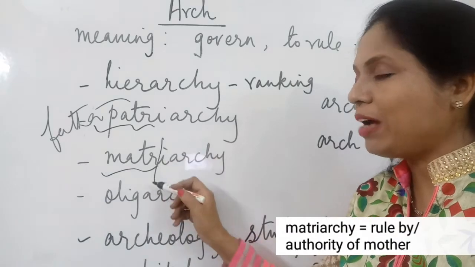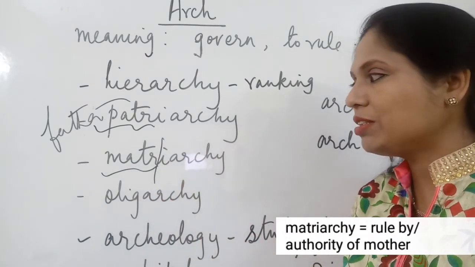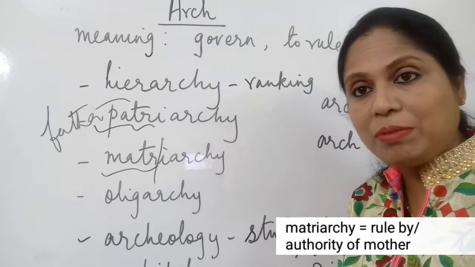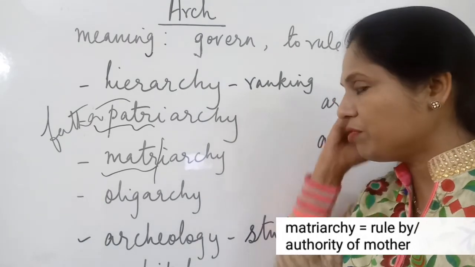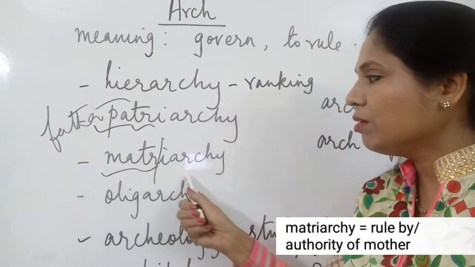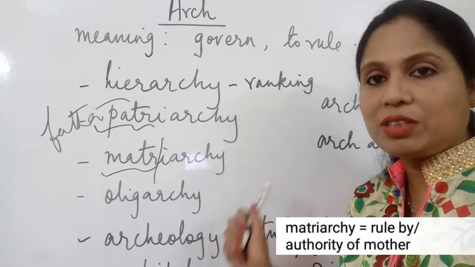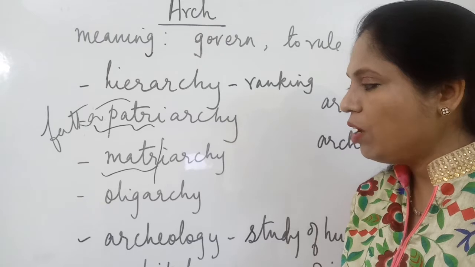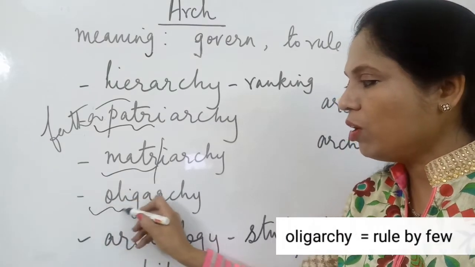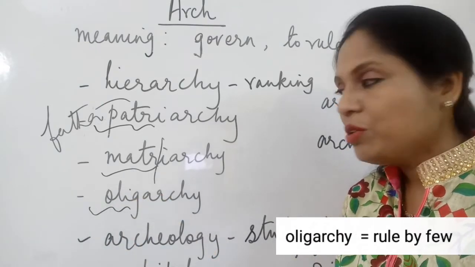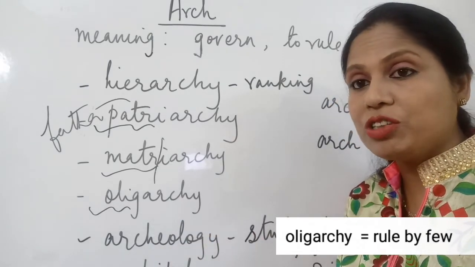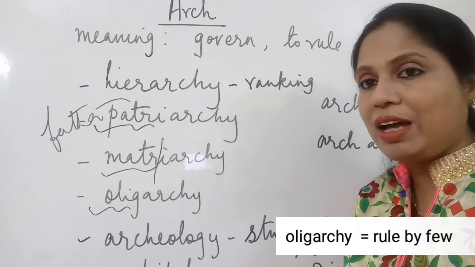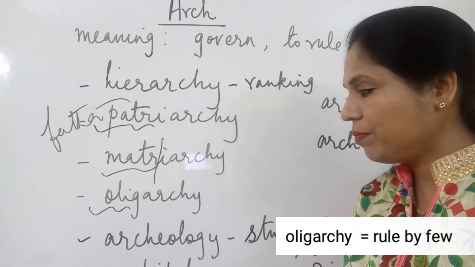Matriarchy, the root word matra means mother. So in the same way, when mother is the head of the family, or if it is a female dominated society, we refer to it as a matriarchal society. Oligarchy. Oli means few. So a rule of few or maybe influential people is referred to as an oligarchy.